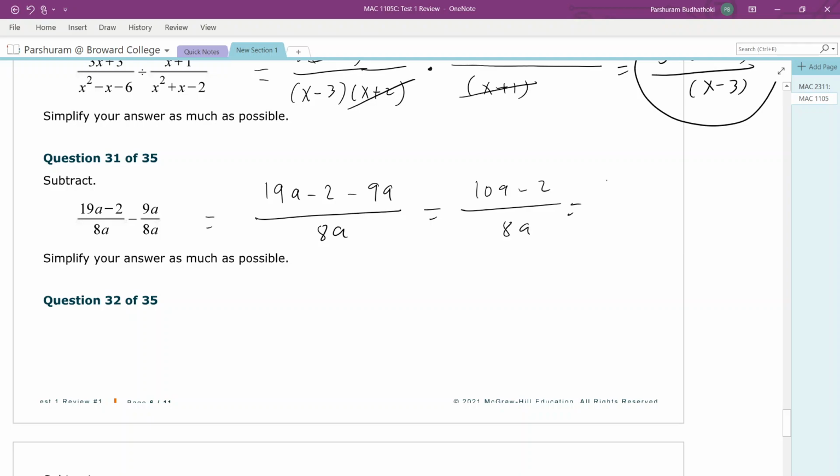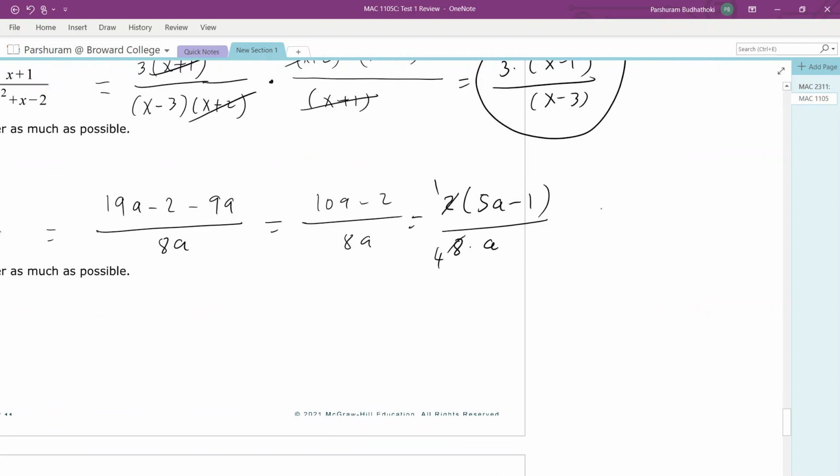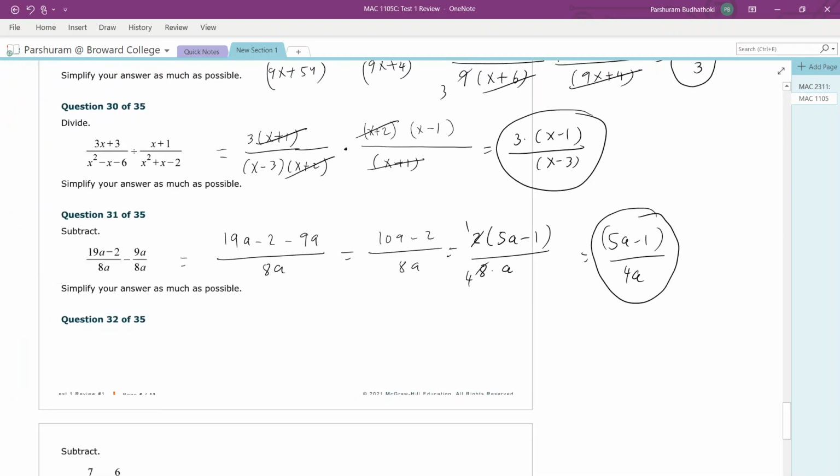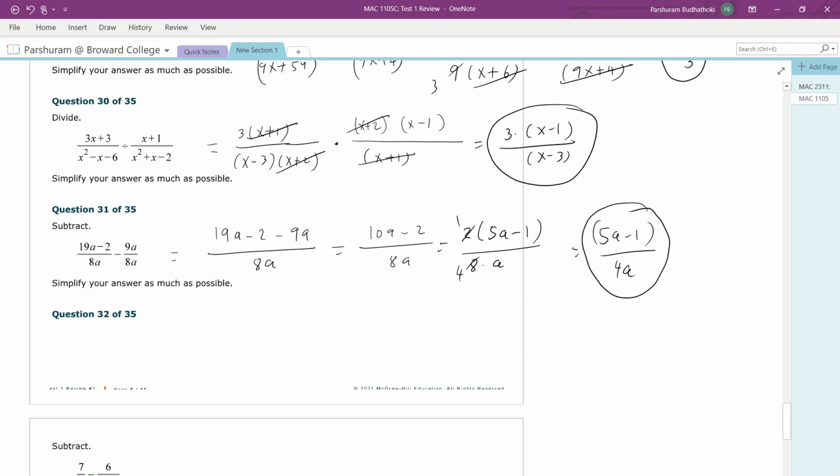On the top we can factor out 2, so that gives us 5a minus 1. On the bottom it's already 8a, so we can cancel; 2 times 4 is 8. So on the top it will be 5a minus 1, and on the bottom it will be 4a. That's the most simplified form for problem 31.